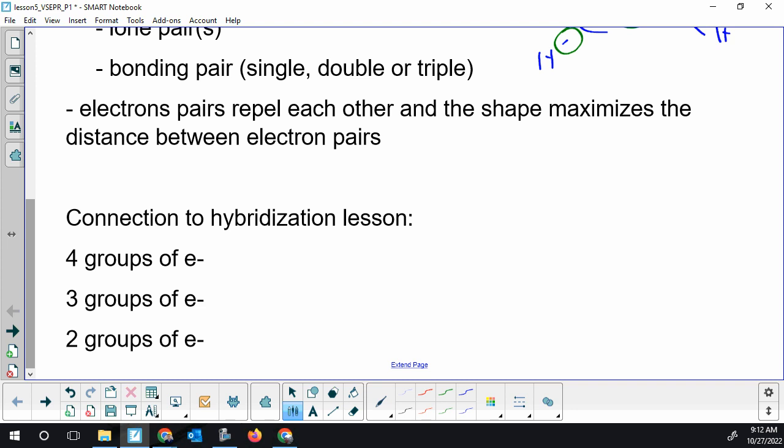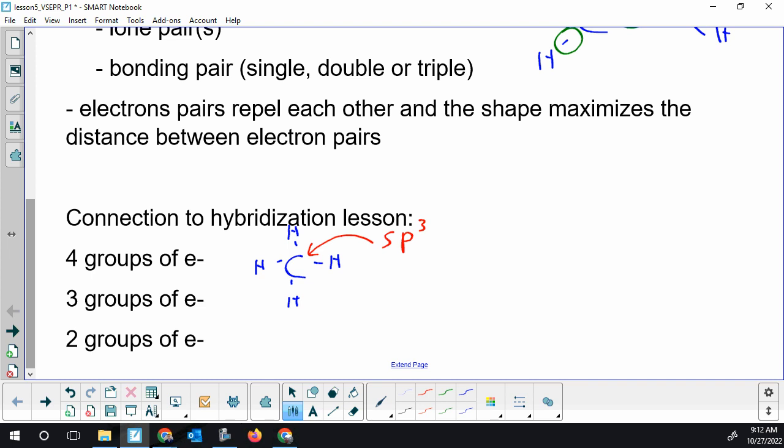If we have four groups of electrons, that'd be what we would see in something like methane, carbon with four bonds. Whenever we have four groups of electrons, we needed four atomic orbitals to be mixed together to make that. Okay. So we're going to have S, that's one orbital, and then we need all three of the P's. So we're going to have sp3 hybridization.